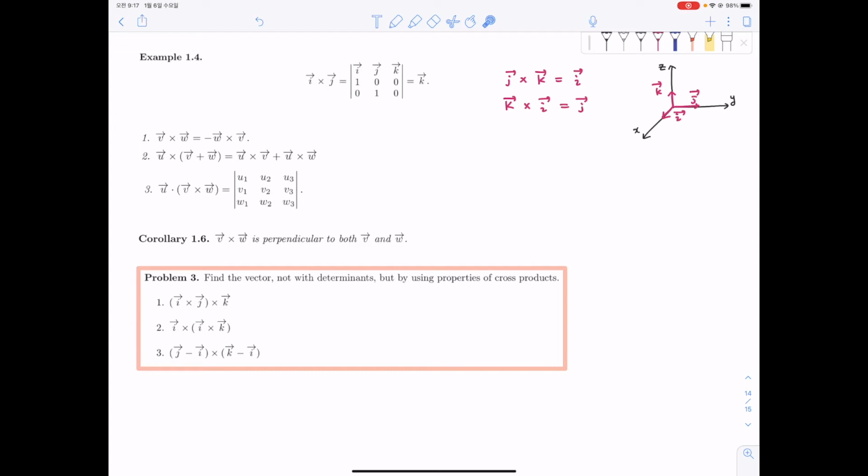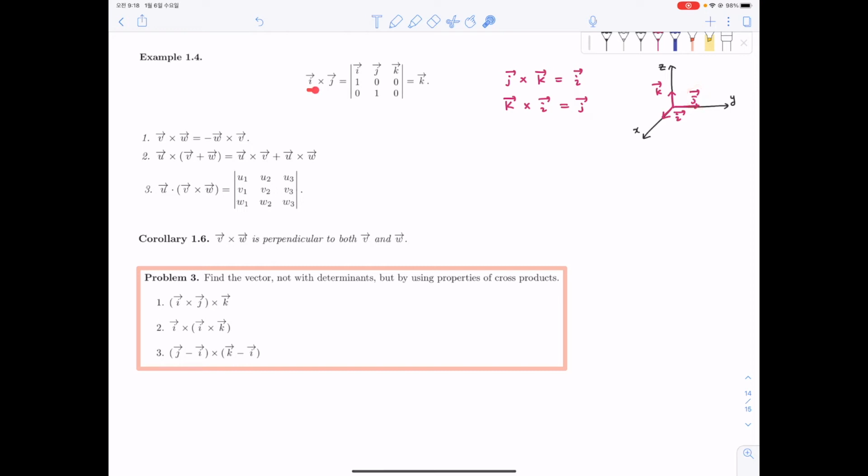The direction can be determined using the right-hand rule. This rule is explained in the main lecture, so you can use the rule. So we swap j from k, then we get the i direction, and if we swap k from i, then we get the j direction.